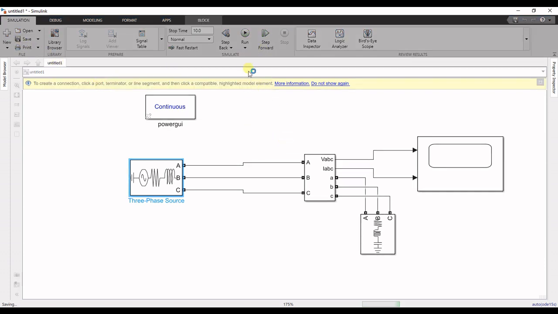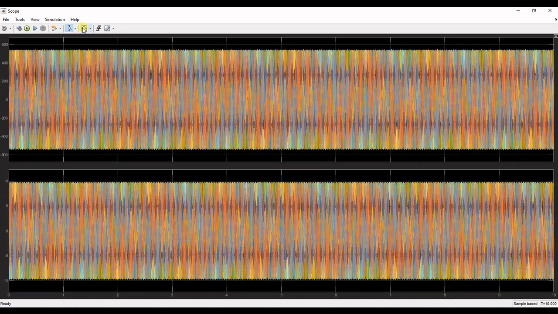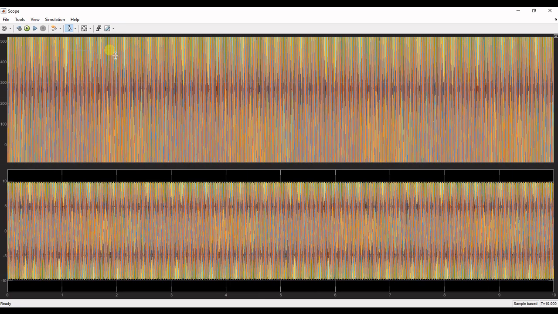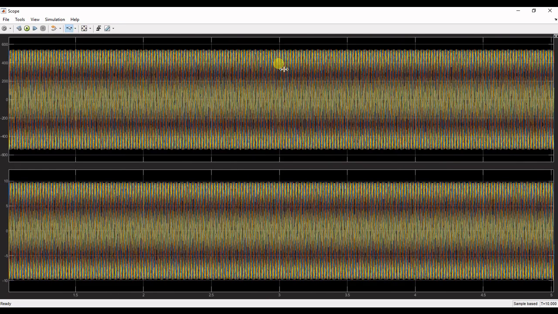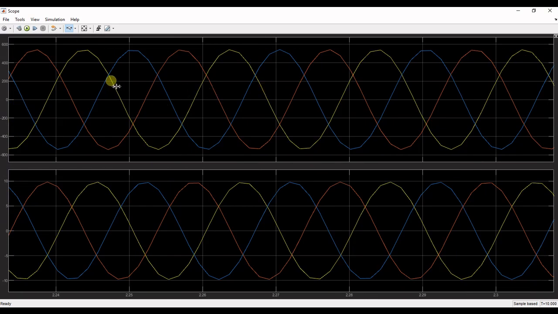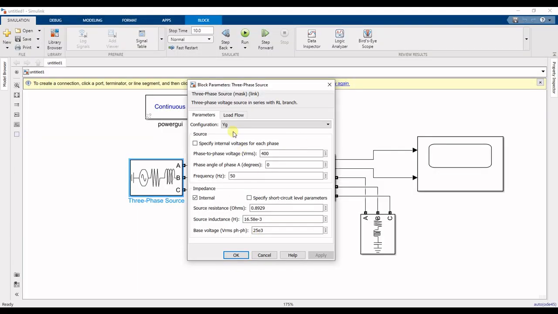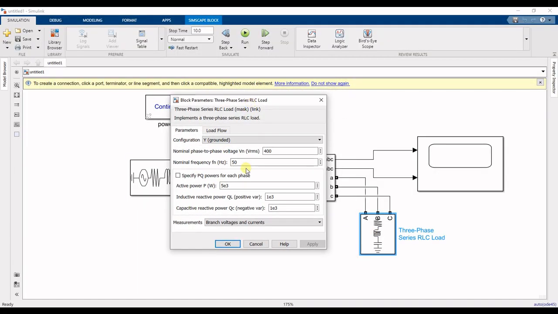Now we will run the system again and check the output. Now the system has the same variations. We have to find out what is going on, why the shape of the waveform is not as per the required waveform.